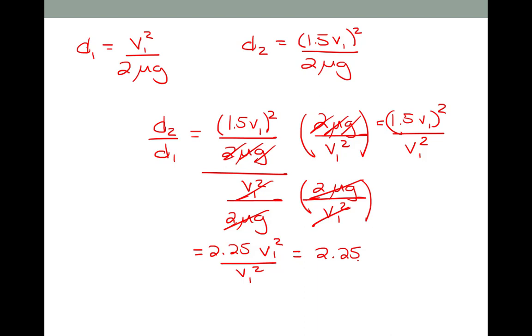What this tells me is that if my velocity increases by 50%, then the distance I need to brake in order to stop more than doubles. Okay? My velocity increased by 50%, but my braking distance more than doubled.